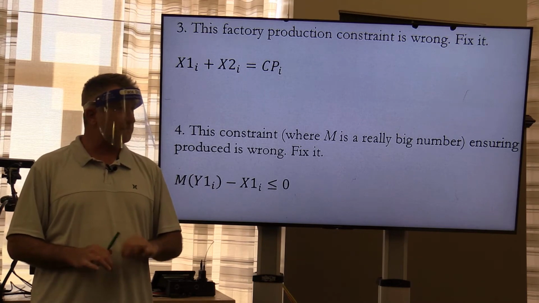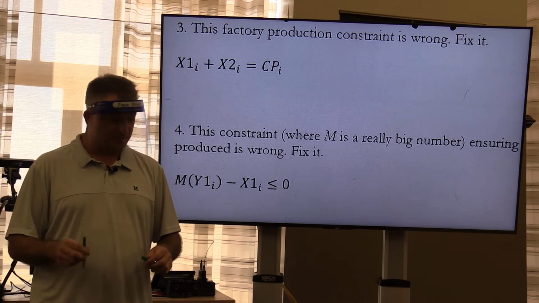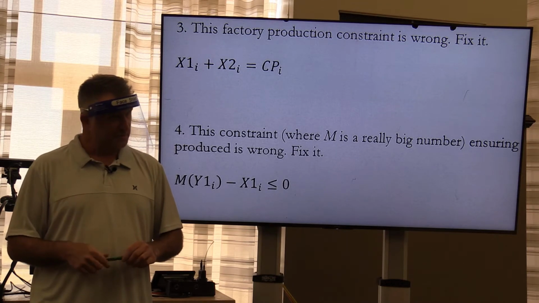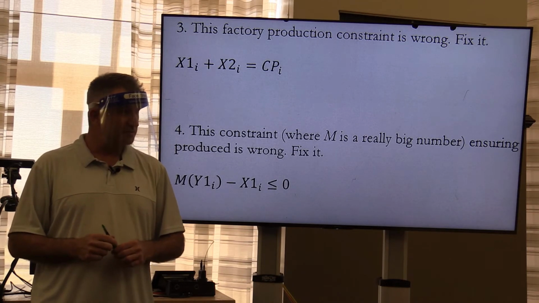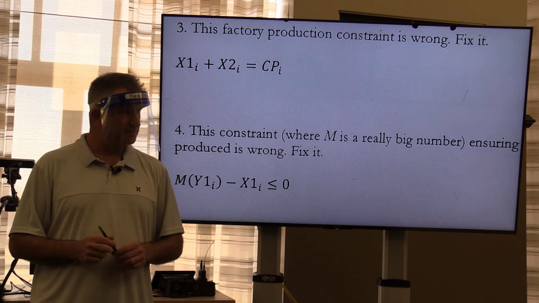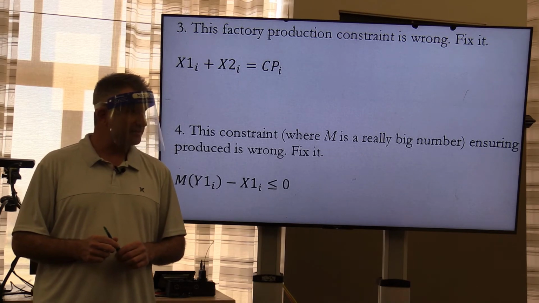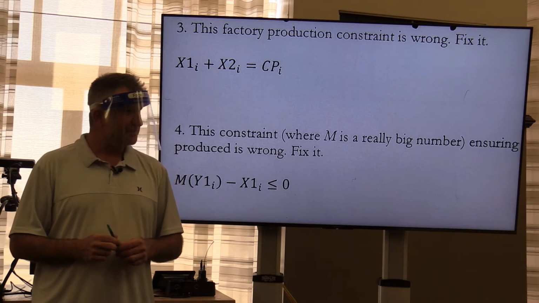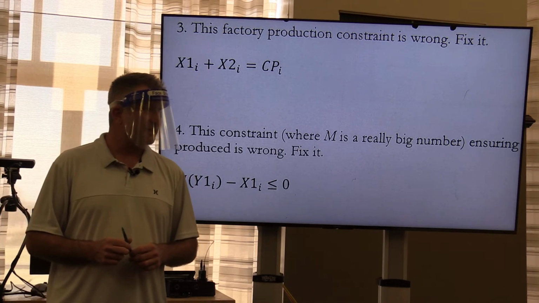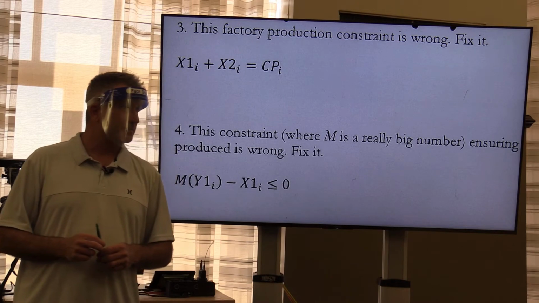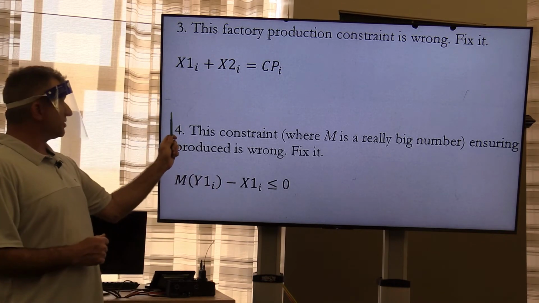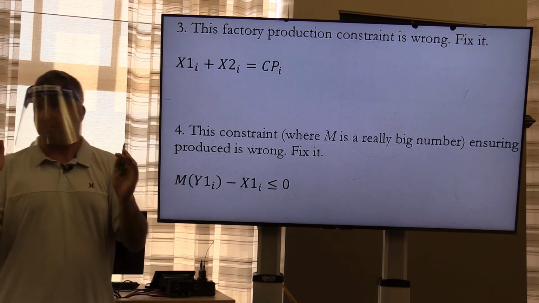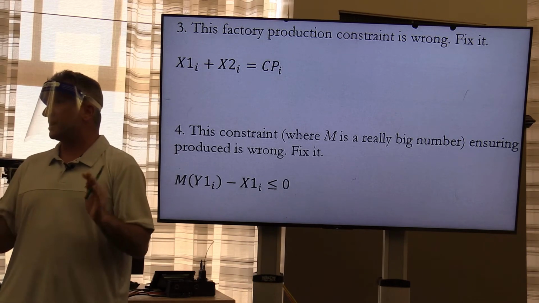Anything wrong with that? C. Costello? What's that? And what's wrong with it? Okay, look at what this equation is saying. Remember, this is a constraint. This is saying what has to happen.